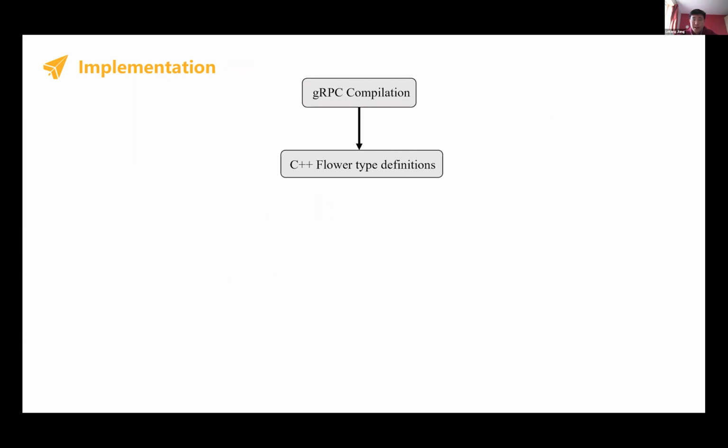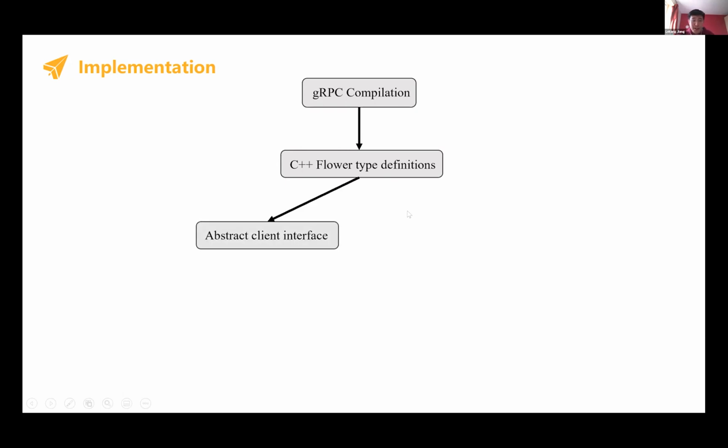So how we implement this is that we first set up the gRPC compilation for C++. We download all the necessary libraries in gRPC used for communication. Then we define the C++ Flower type. This is because the data types in C++ and Python may be different. But if we use the Flower type in both the C++ client and the Python server side, the serialization and deserialization process will be much easier, and communication becomes much easier.